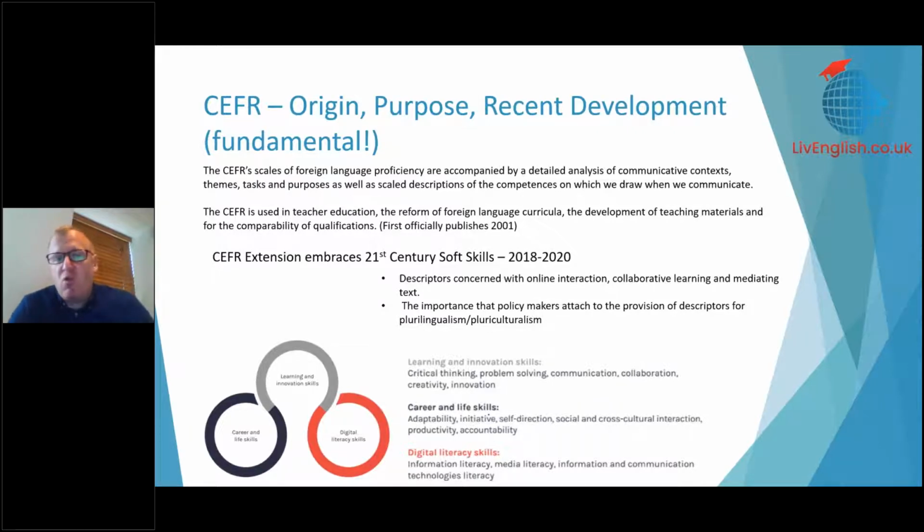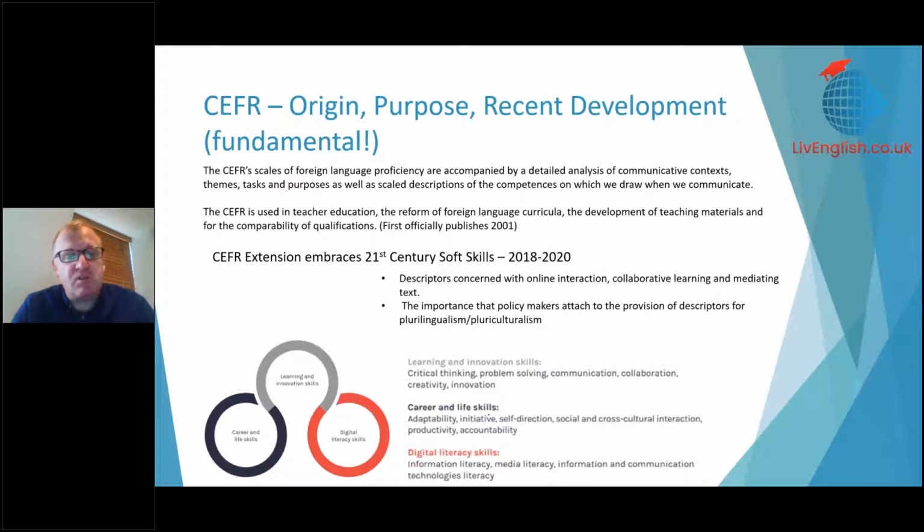And you're all familiar, I'm sure, with the band descriptors A1 to C2 and what they mean in terms of the levels they represent. Very important, in the 2018 to very recent 2020 period, has been further implementation and extension of the CEFR, where fundamental additions have been made.